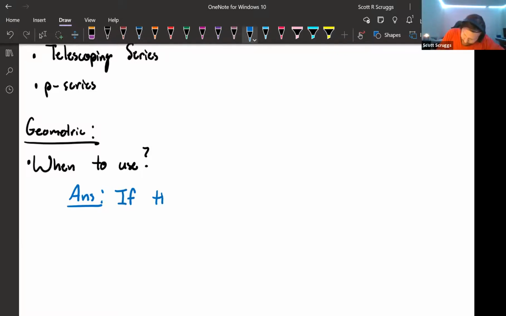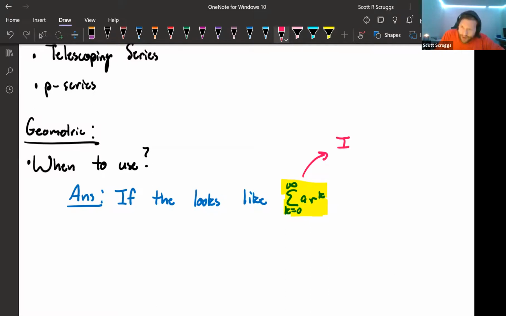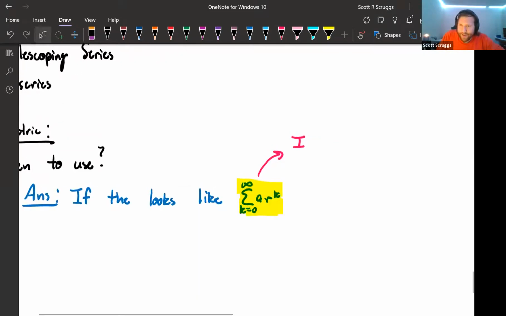In particular, if the series looks like this, where I have some common factor, and if I see some ratio with k. So to interpret this, what I am looking for is a common ratio in my series.